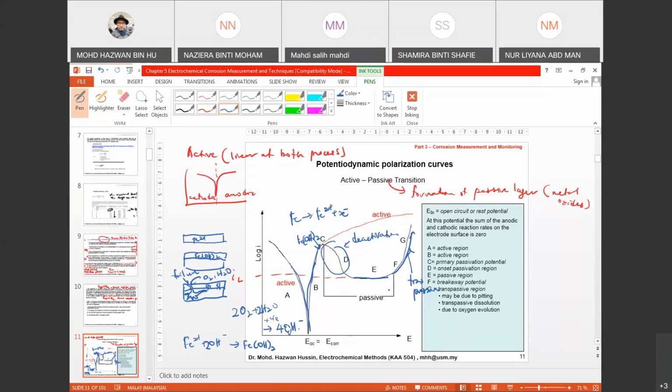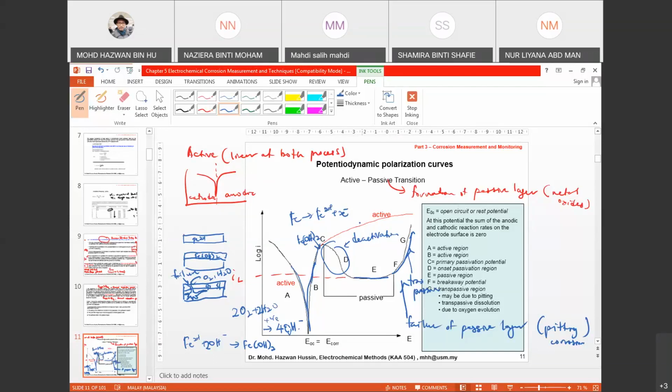So transpassive happens when you have a failure of the passive layer, then you start to have pitting corrosion. This is why you will see that the current is increasing.